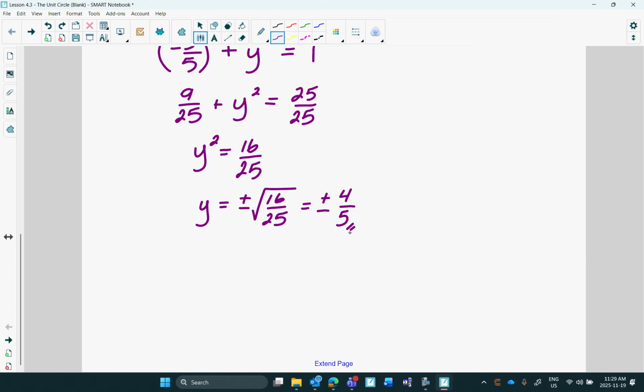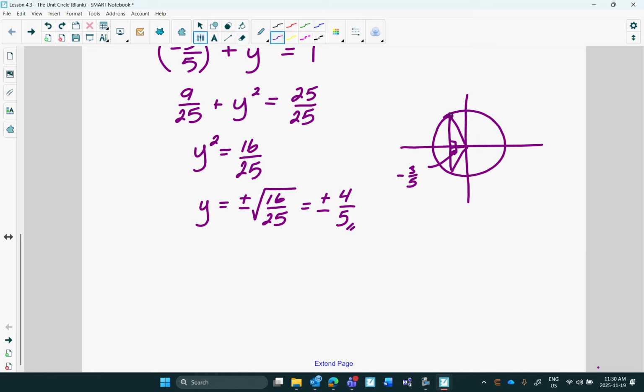And that makes sense because this is our unit circle. And if we've got the point negative 3 over 5, which is going to be somewhere here, I could draw a right triangle like this, or I could draw a right triangle like this.